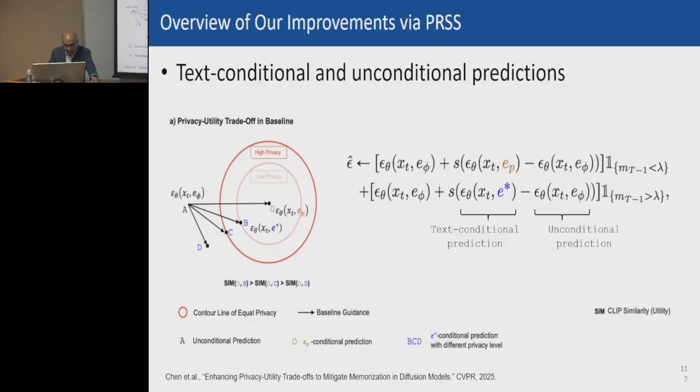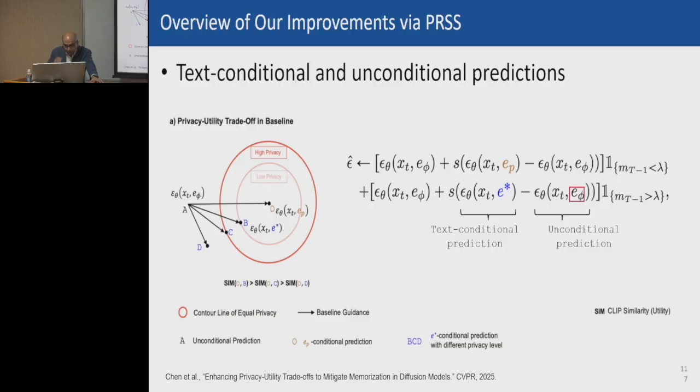So we have the unconditional generation and this is conditional generation, and due to that, the CLIP similarity, which tests how good your image is compared to the prompt, the best similarity will be at OB. But when you go to OC, the similarity will reduce because we are getting away from the original prompt, and similarly OD and so on.